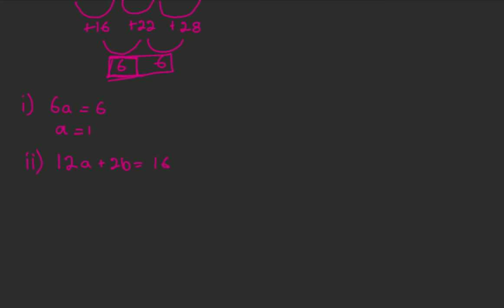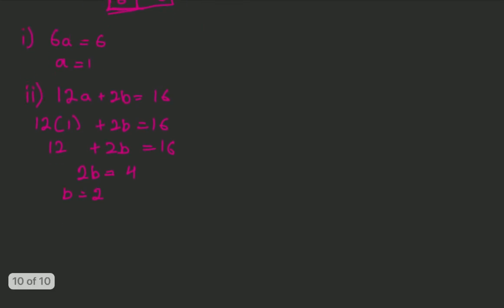So now let's use the values we have so far. 12 into a, so a is 1, plus 2b is equal to 16. Let's simplify this even more. So we have 12 plus 2b is equal to 16. So 2b is equal to 16 minus 12, which is 4. So b is therefore equal to 2.